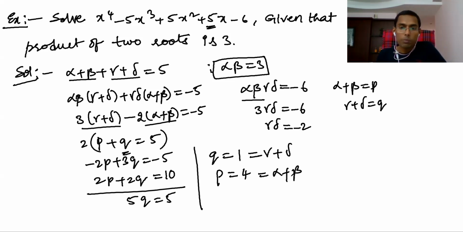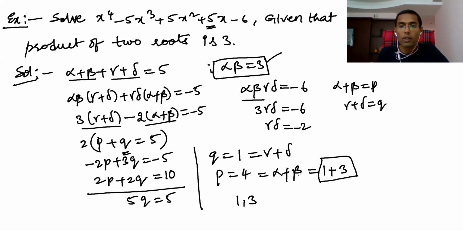Since alpha plus beta is 4 and alpha beta is 3, 1 plus 3 is 4 and 1 into 3 is 3. Therefore 1 comma 3 are the roots for alpha beta.